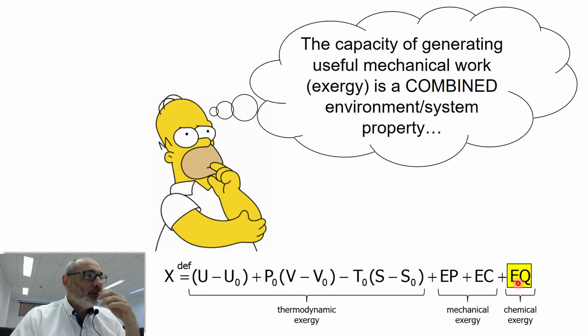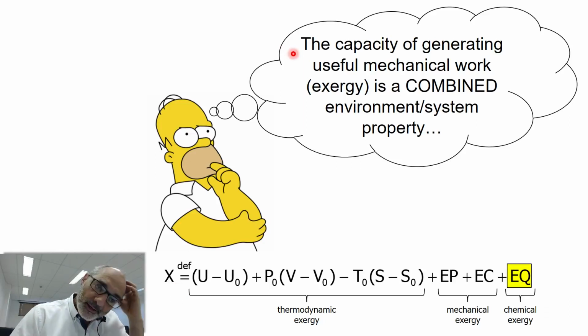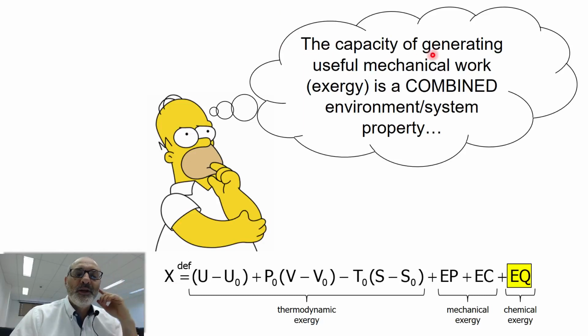And the fundamental idea of defining exergy is that the capacity of generating useful work, mechanical work, or exergy, or organized energy, is a combined environmental system property. So the key word here is combined, okay? I must define what is the environment when I'm talking about chemical aspects, okay?